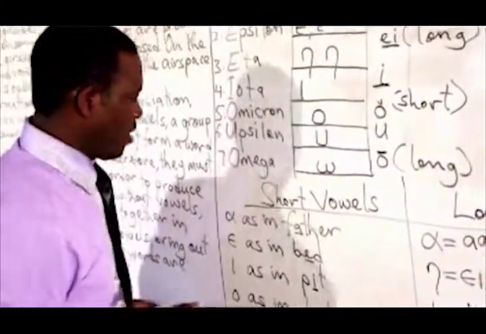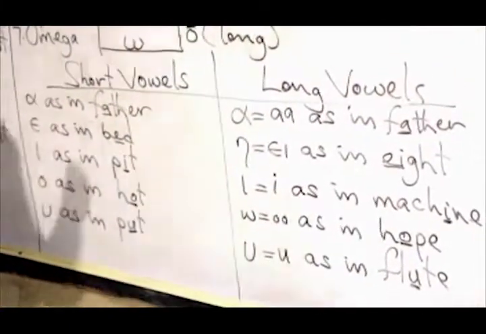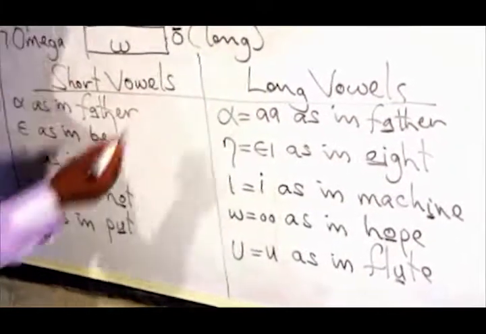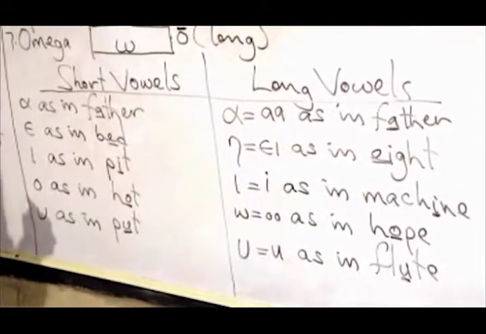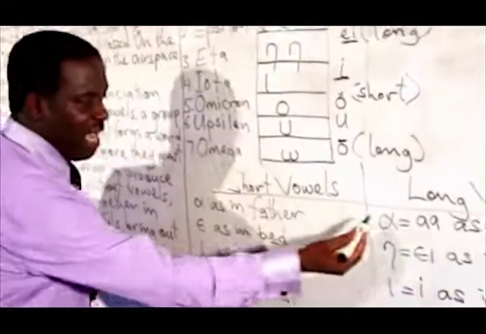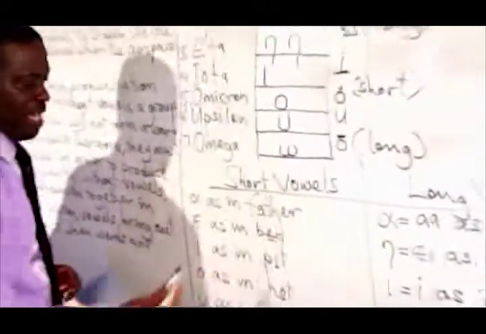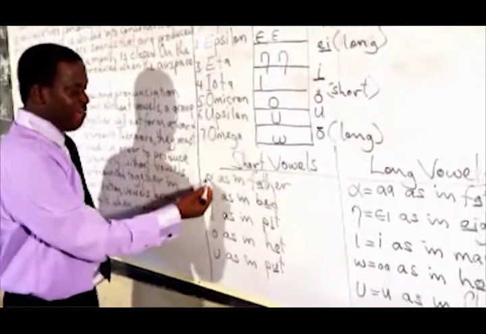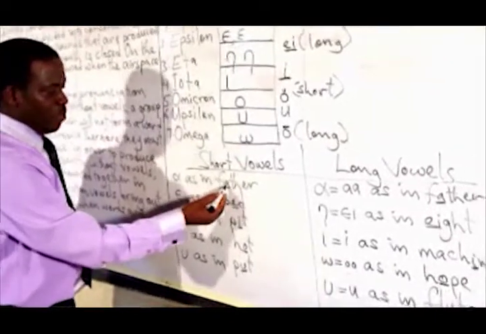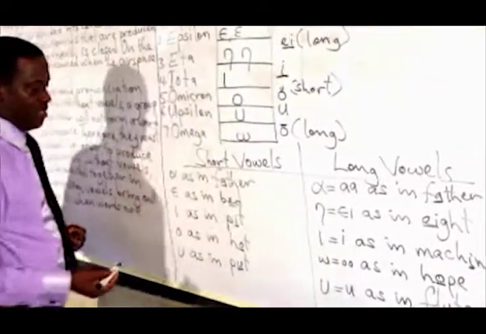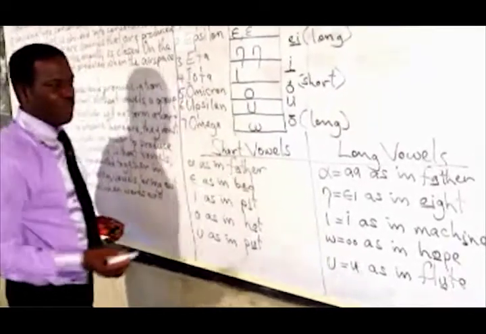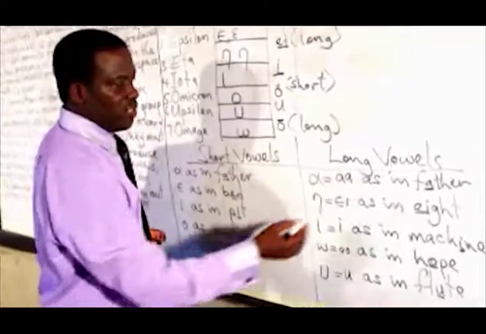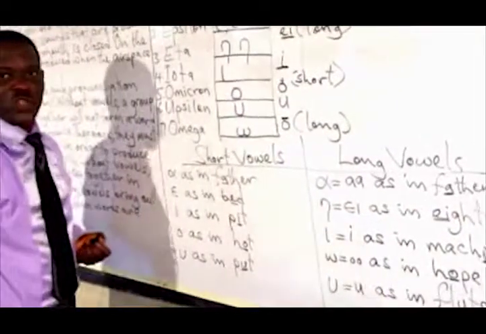Now coming to the pronunciation or the production of the vowels, I've divided them into short and long. Alpha can be short and can be long in Greek. They have the same form, and even the same pronunciation. So alpha sounds as we pronounce the A in father, both short and long.